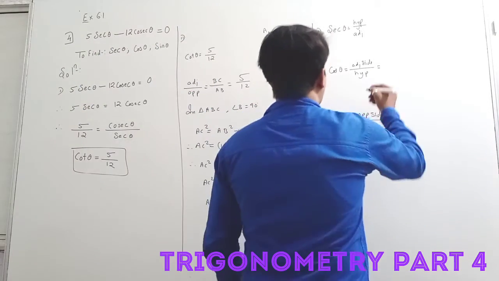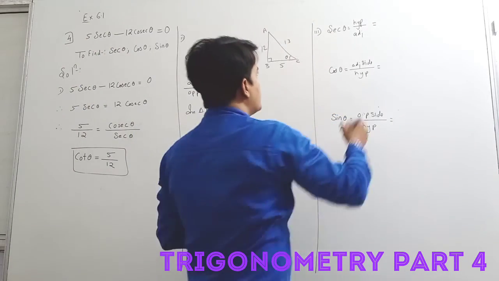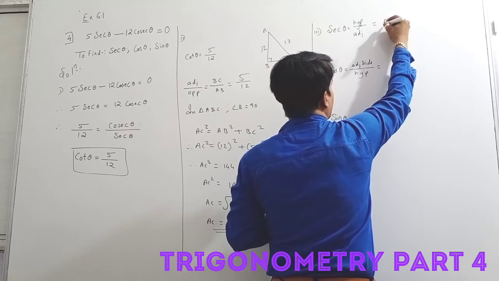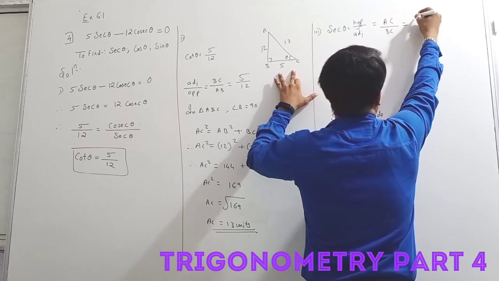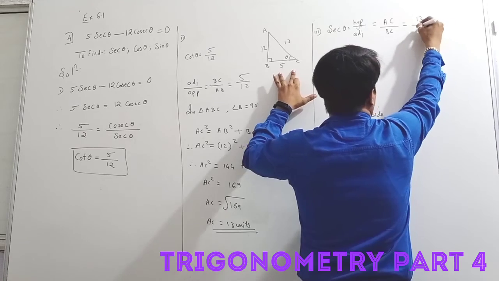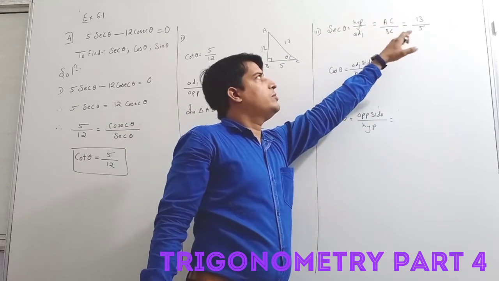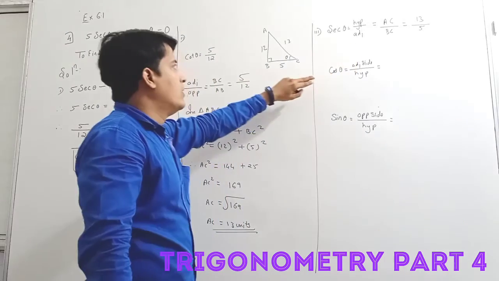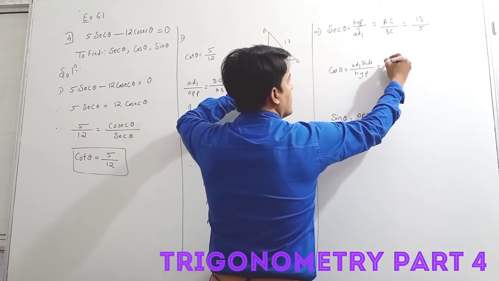After this we are going to just substitute the values. What is my hypotenuse? That is AC. Hypotenuse is AC and adjacent side is BC. Hypotenuse upon adjacent, that is AC upon BC, gives 13 upon 5. For cos theta, it is adjacent side upon hypotenuse. What is your adjacent side?